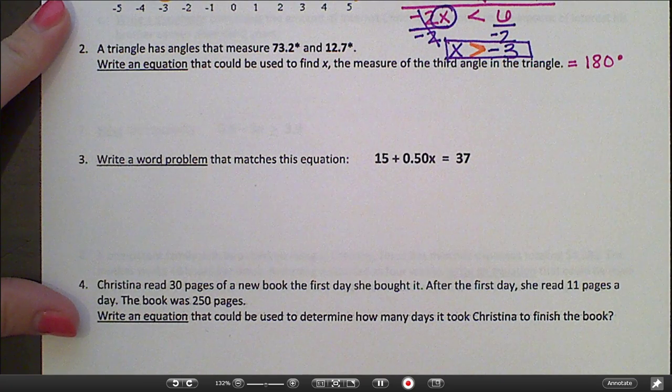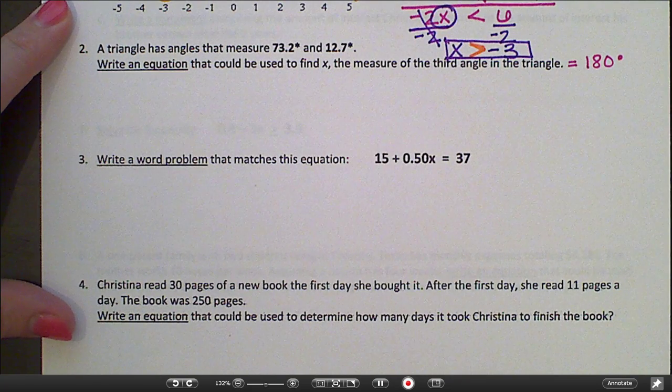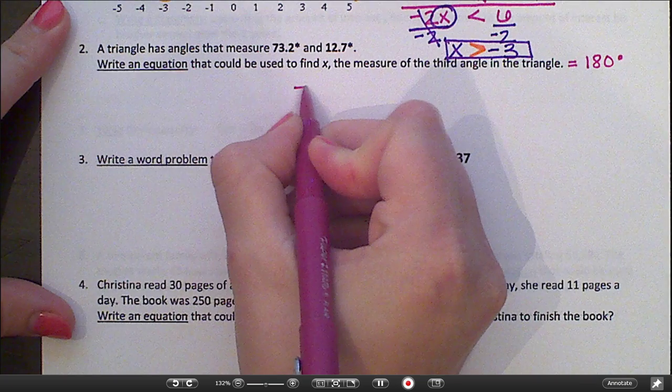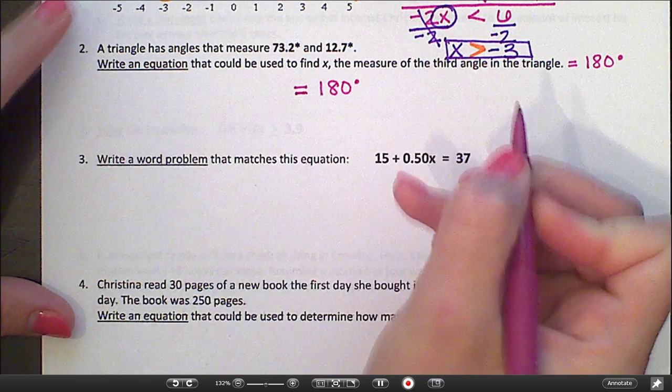So if I were going to be verbally saying this equation, I might say angle A plus angle B plus angle C equals or adds up to 180 degrees. So I'm going to go ahead and put my equal sign and my 180 degrees because that part's easy.